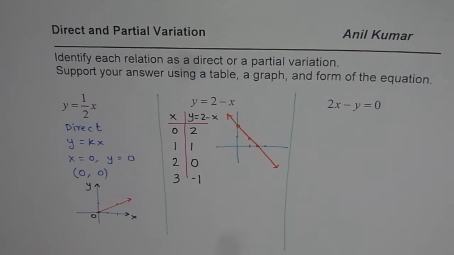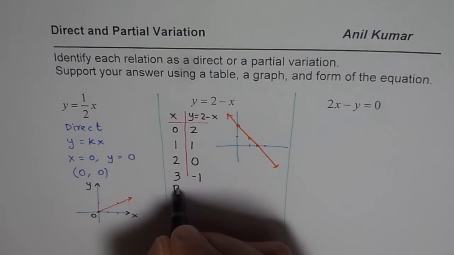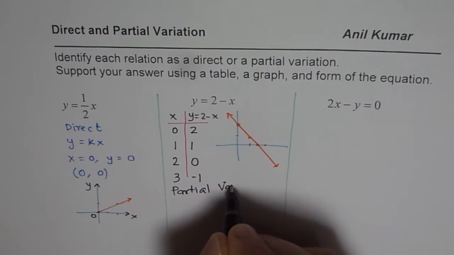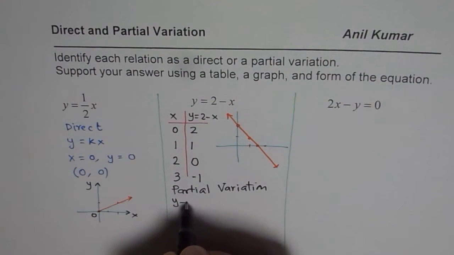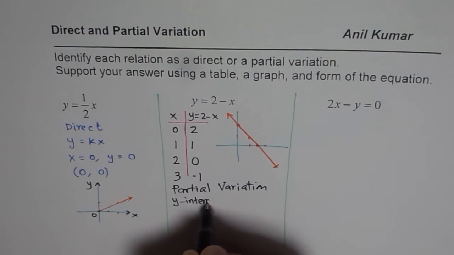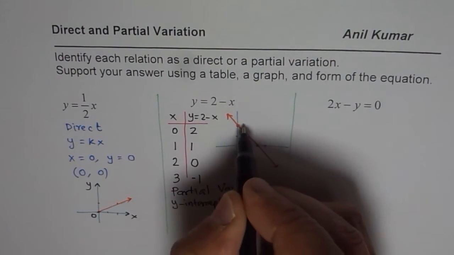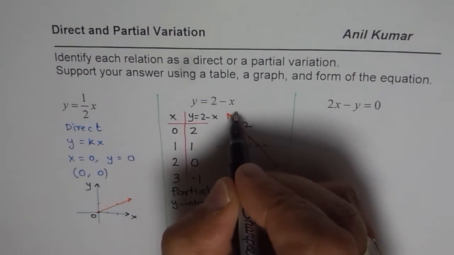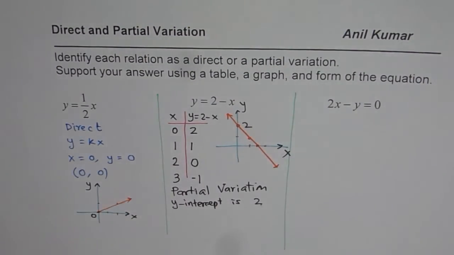Now from the graph, you can say it is partial variation. The reason is that the y-intercept is 2. It is not 0, it is 2. So the graph crosses the y-axis at 2 and not at 0.